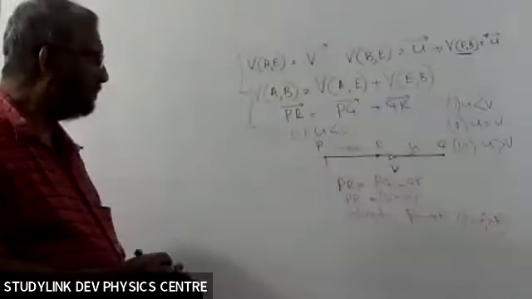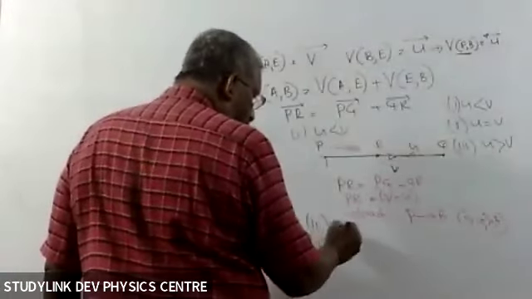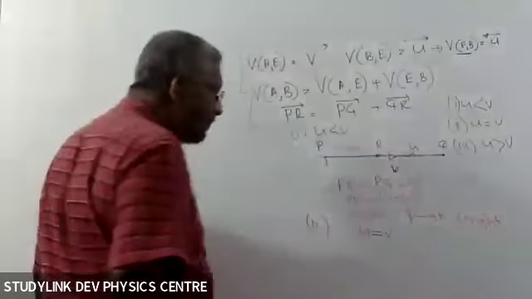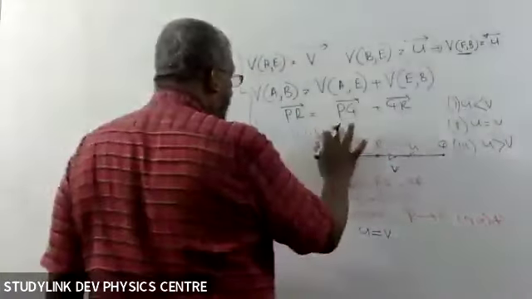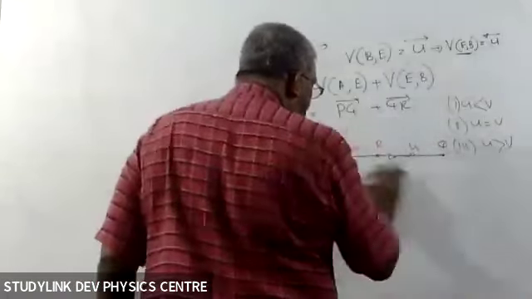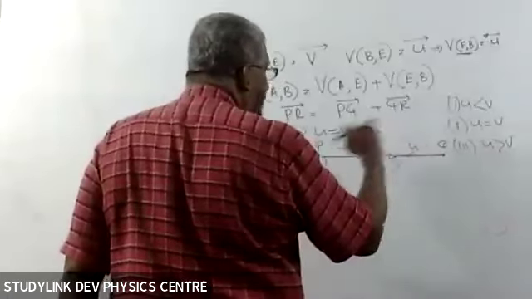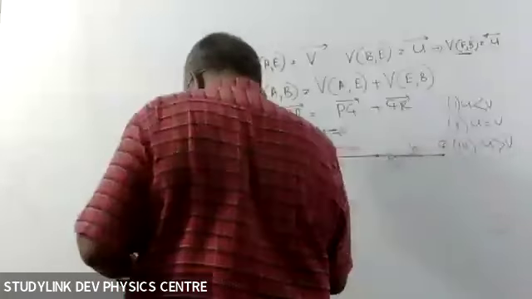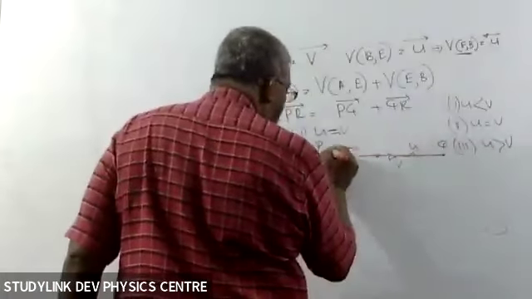Now, second situation, U is equal to V. Now, when U is equal to V, what happens? P to Q is V and U is the other one. It should be equal to V. That means the red line should come up to P again. Then R is here.